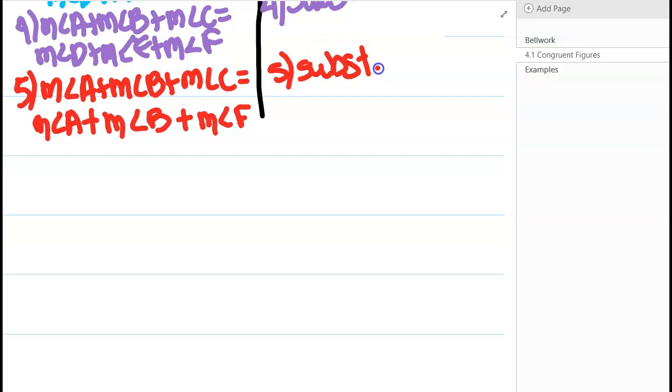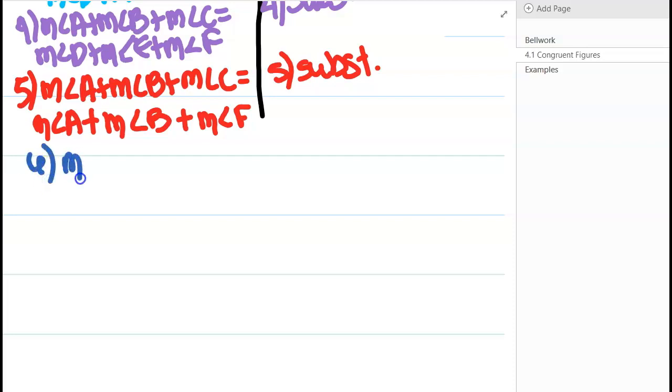Substitution. We're almost done. So I've got two sides of the equation. On the left side and on the right side I have the measure of angle A. And on the left side and on the right side I have the measure of angle B. I can just get rid of both of those, right? So I can get rid of the A's, I can get rid of the B's.